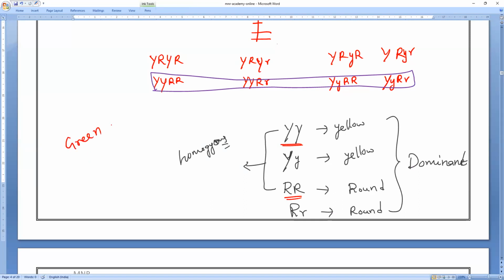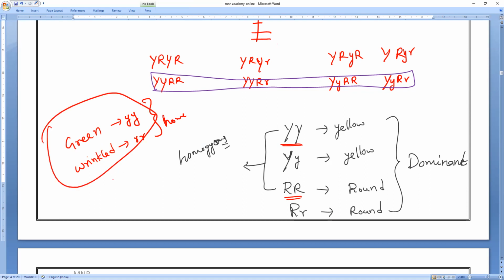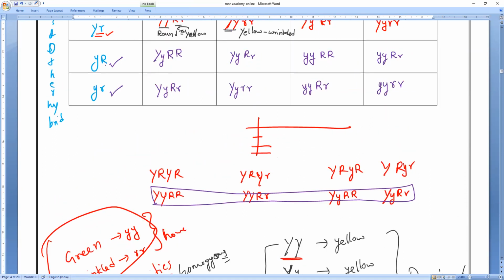Green means only both small y, and wrinkled means only small r. This is already pure, a homozygous. These are the only possibilities. So there are no other possibilities for green and wrinkled. That's all it is. You have to remember it and proceed fast.